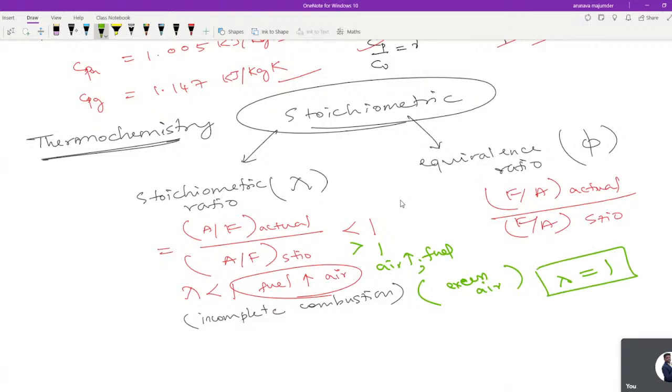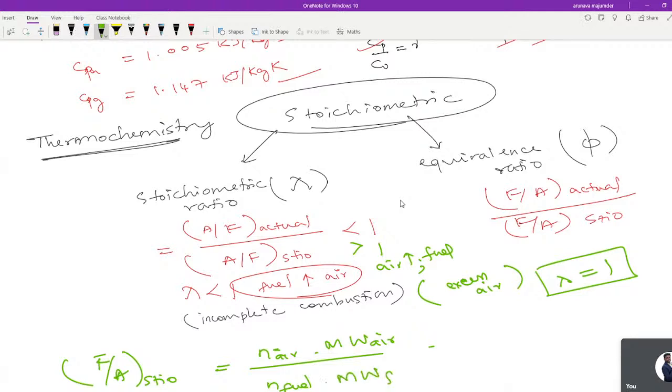And how will we know this is the right mixture? To identify whether the mixture is right, there is a formulation to find the stoichiometric fuel to air: the number of air molecules times the molecular weight of air, divided by the number of fuel molecules times the molecular weight of fuel.